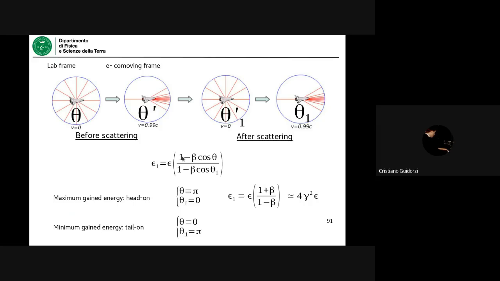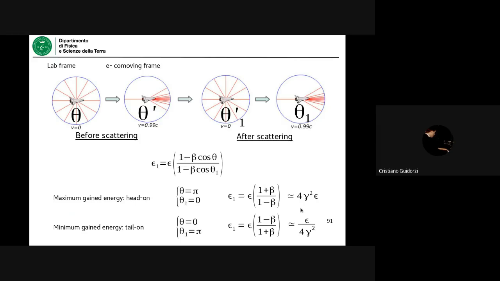In the opposite case, the photon chases the electron, so it collides with the electron from behind. So it's just the opposite angles. You immediately see that this is essentially the reciprocal of that case.